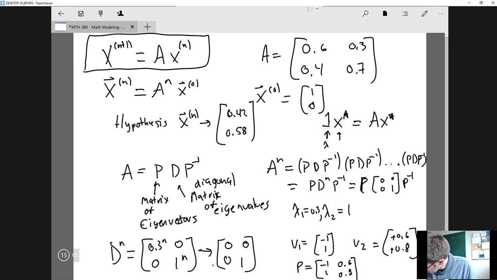And that means x star is one of our eigenvectors. In this case, the eigenvector that corresponds to the eigenvalue 1 was just this v2. And so we find that the fixed points of the system must correspond to the eigenvector with eigenvalue 1.